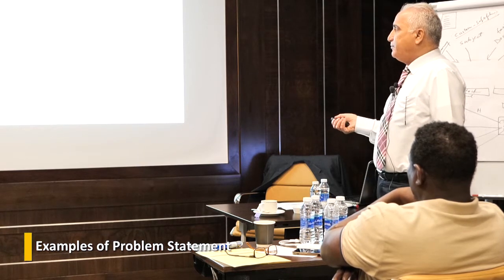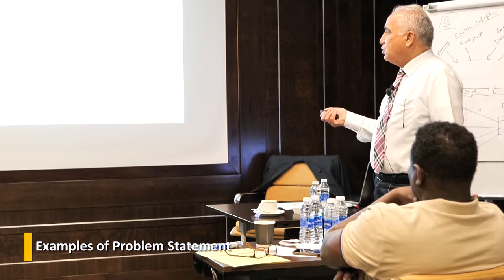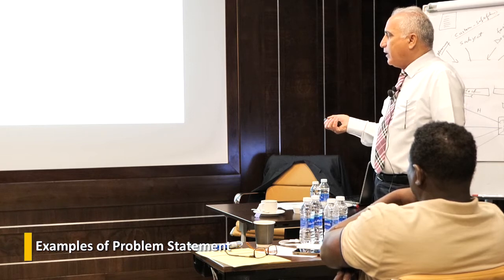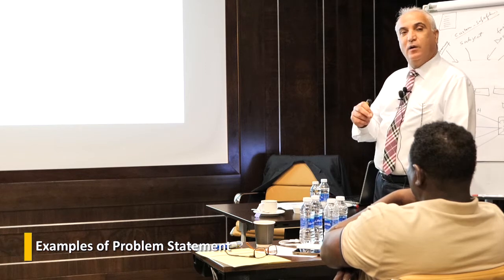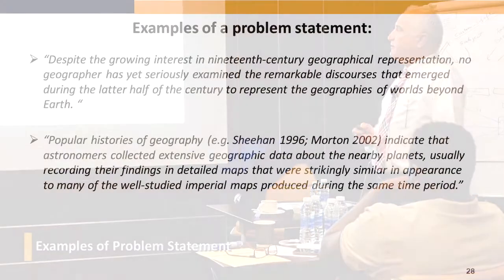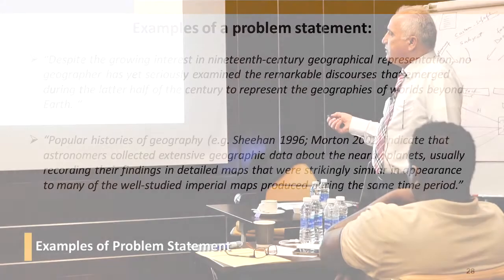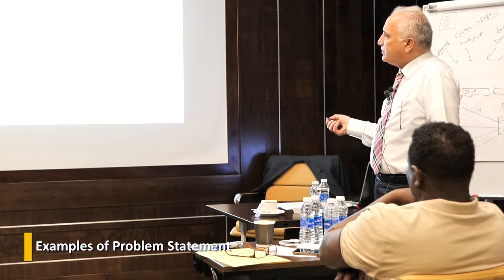You explain this problem in terms of business aspects, social trends. You go and you build the problem. You write these problems in what we call an objective manner. So here in this example, despite the growing interest of the 19th century geographical representation, okay, there is a remarkable half century, and so on.